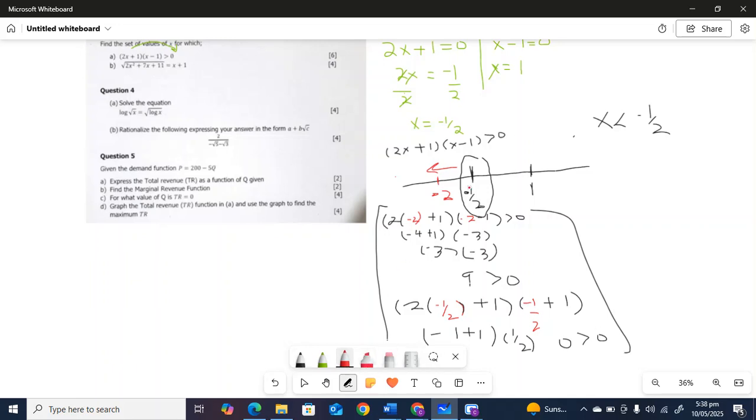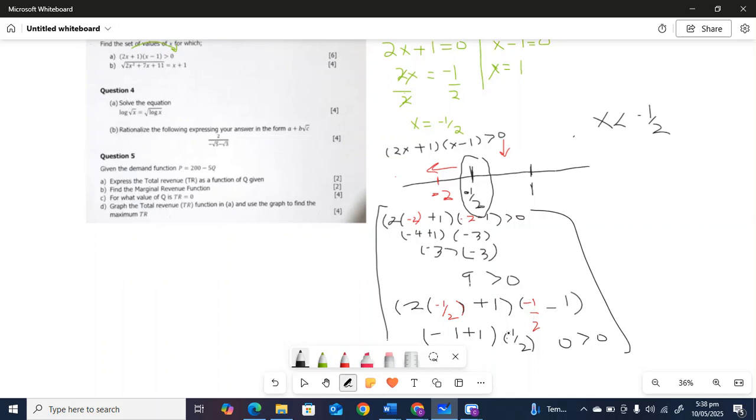So the next range of values you're going to try are between negative half and 1. Or negative half minus 1 here. Okay, so negative half minus 1, that's negative 3.5.